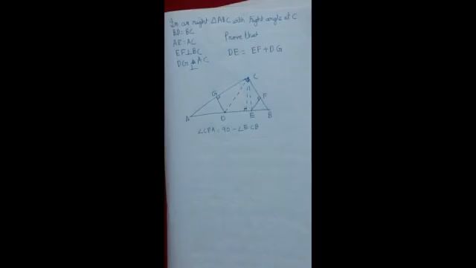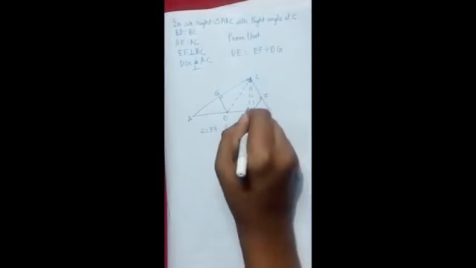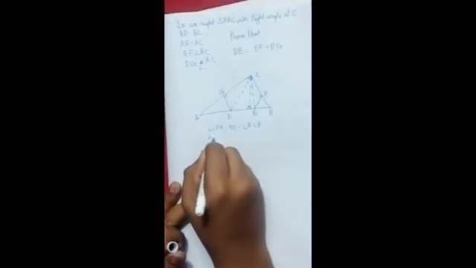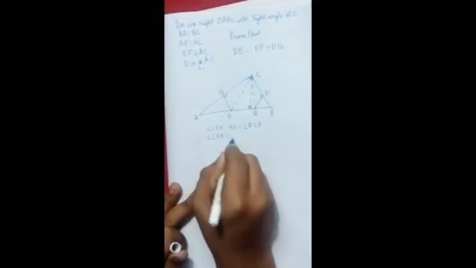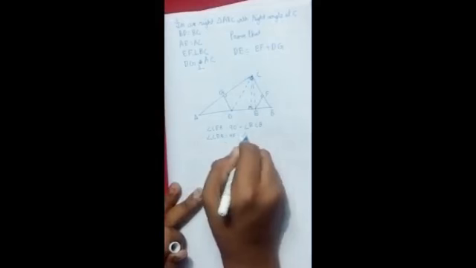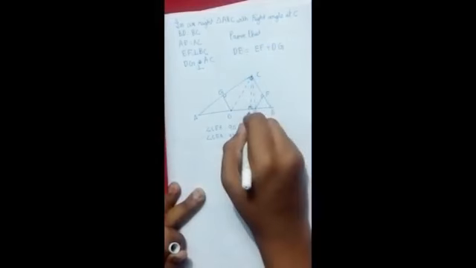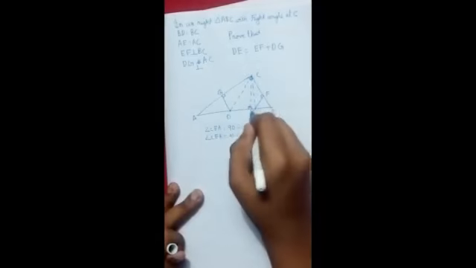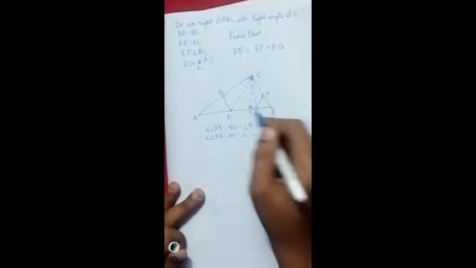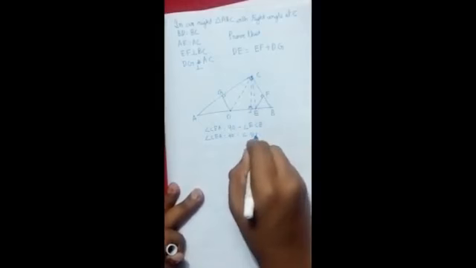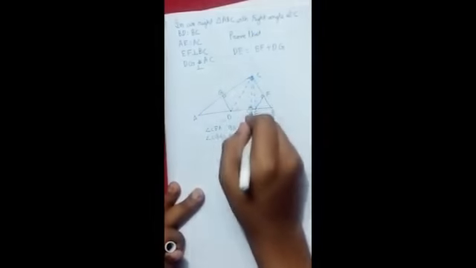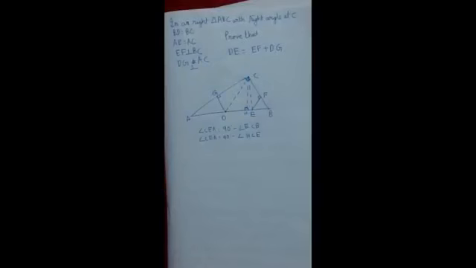Then this is also 90 degrees, and angle CEA is again 90 degrees minus angle, let it be H, HCE, because it's 90 degrees.